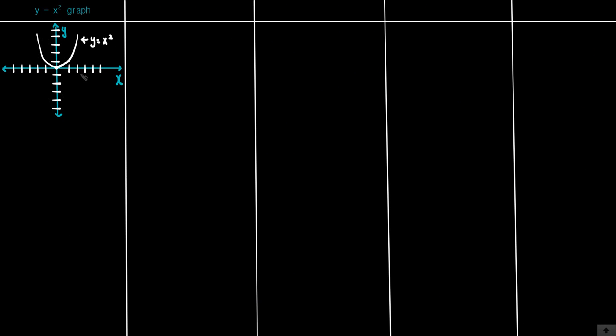What I did here is draw the y is equal to x squared graph on the coordinate plane, and I'm going to talk about the properties of this graph in the xy plane.